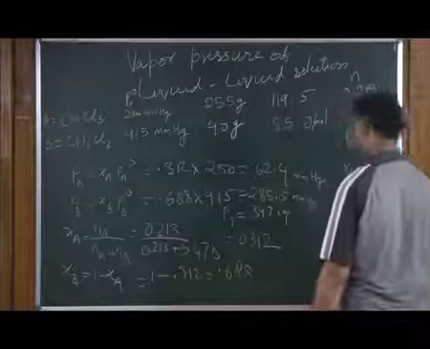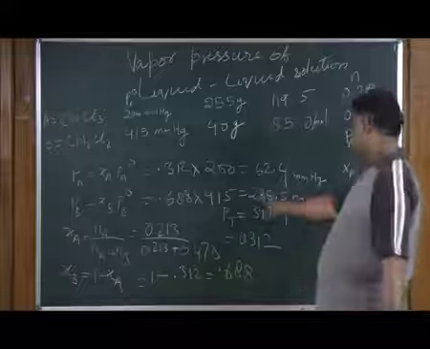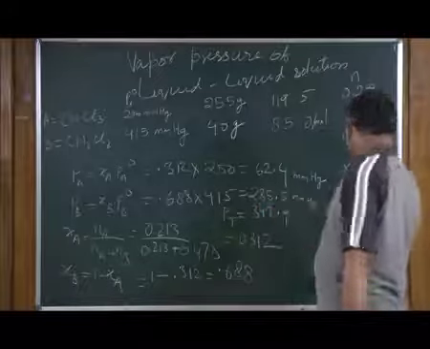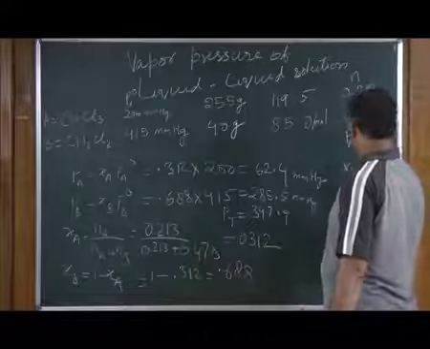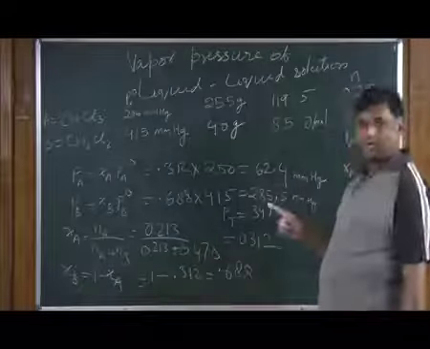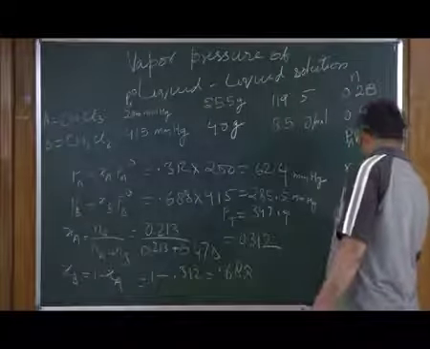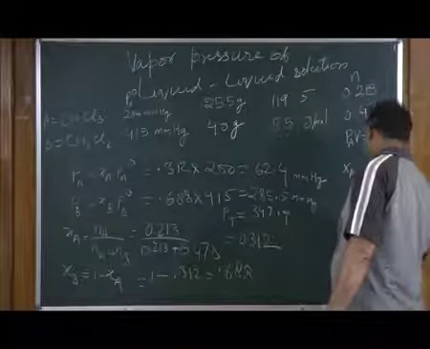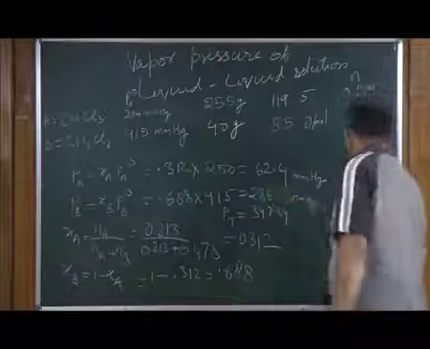And I have all this information. P A is given right here, P B, and P A plus P B is nothing but P total. So, I get the mole fraction of A in vapor phase, and that would be 62.4 divided by 347.9.